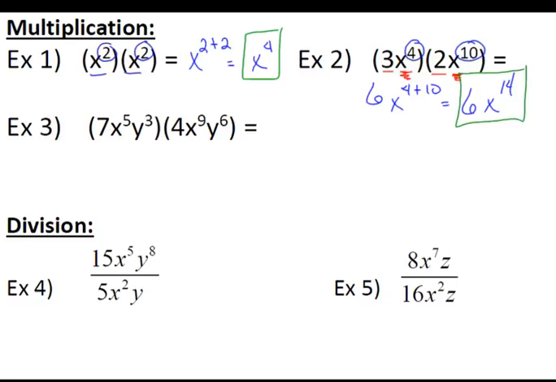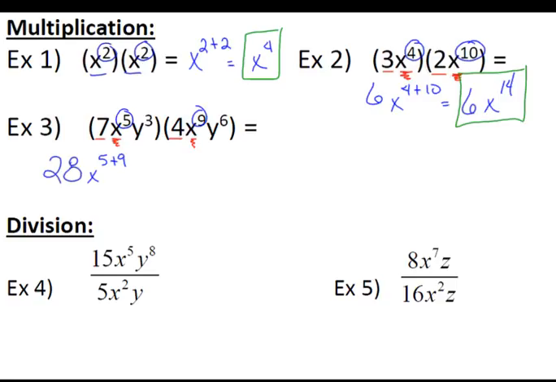For example 3, again we start with my coefficients. I have 7 and 4, so I'm going to multiply 7 times 4, which is 28. I next take my x variable, so I'm going to have x to the 5 plus 9, each of these exponents.